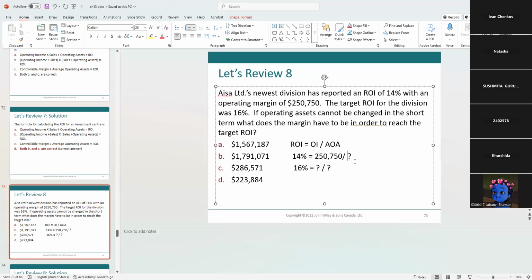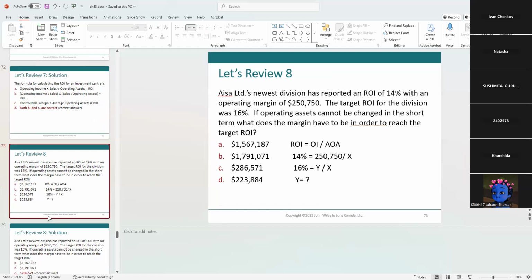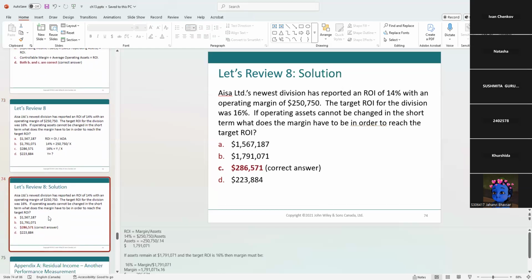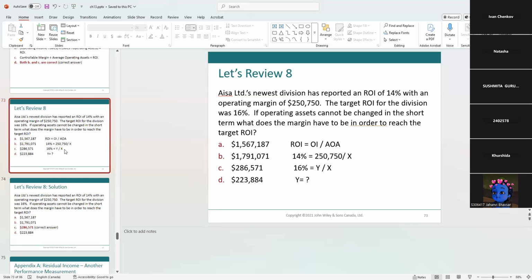So if that is X here, once you solve it for the X, you can get Y, and we're looking for how much is Y. Y is equal to what? Some of you, Natasha, already said C, and she's right. That means she made this calculation. For those of you who don't know how to do it, follow this calculation and you're going to get it.